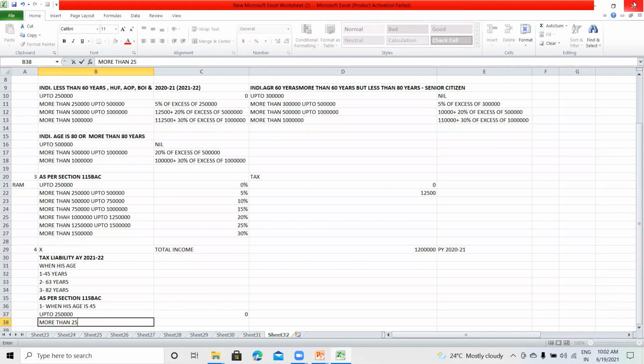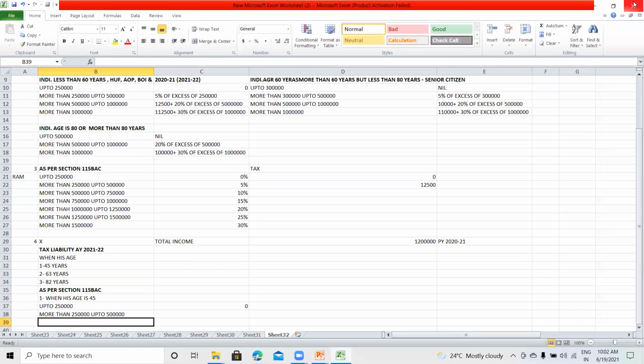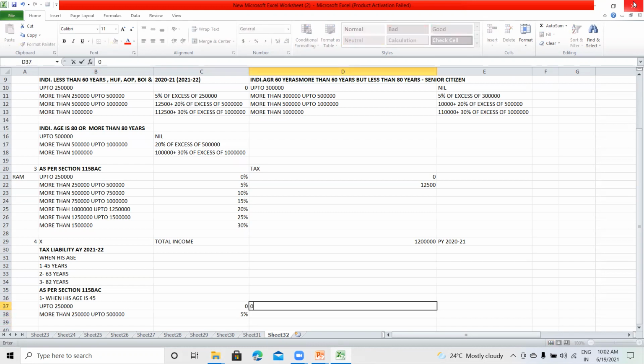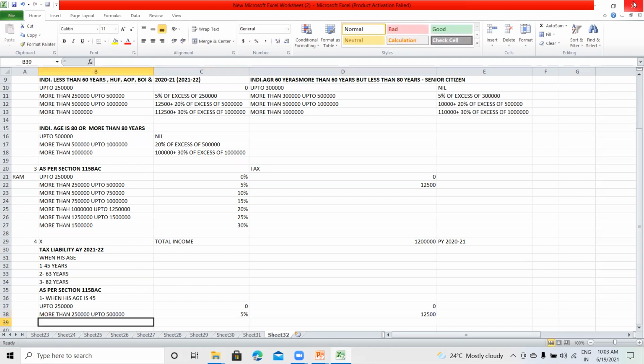More than 2,50,000 but up to 5 lakh, it is 5%, which is 5 lakh minus 2,50,000 into 5%, that is 12,500.